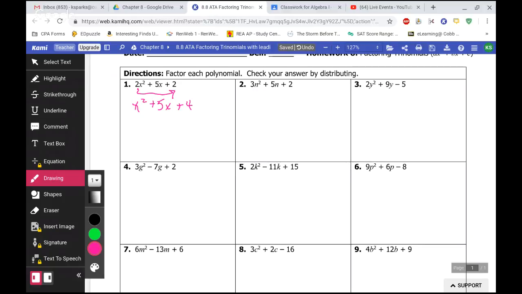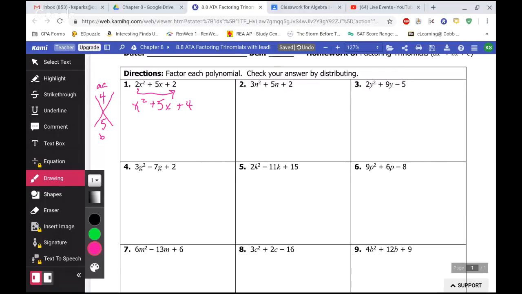So oftentimes you'll see a little diagram that will be like AC, which is 2 times 2, which is 4. And then you've got up here in this X diagram with a B in the bottom, like the 5. And so what they'll talk about is that it's A times C. That's the slide part.